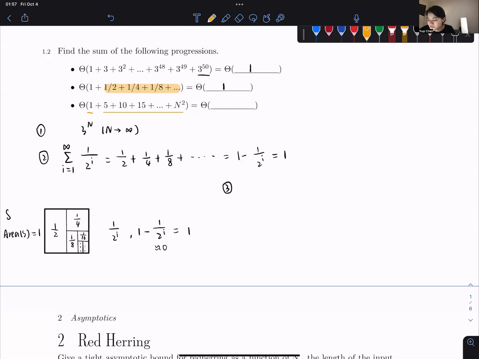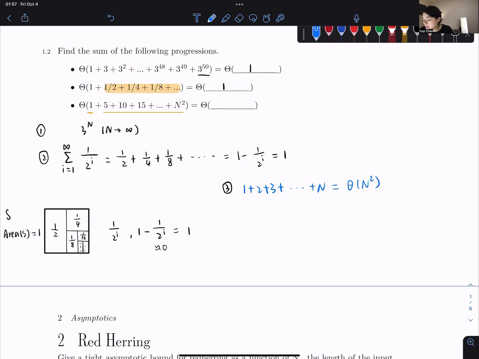For an arithmetic series such as 1 plus 2 plus 3 plus and so on, plus n, we have big theta of n squared as our order of growth.